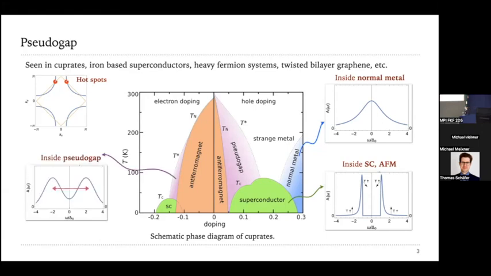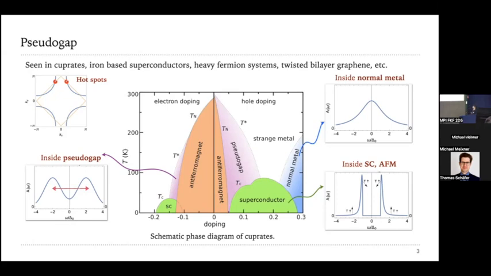And the gap, which is highlighted in the pink region that spans a large temperature and doping range, is in the state where there is no long-range order. However, if we look at the spectral function, it has its maximum at finite energy. Our goal is to understand the origin of the Pseudogap.